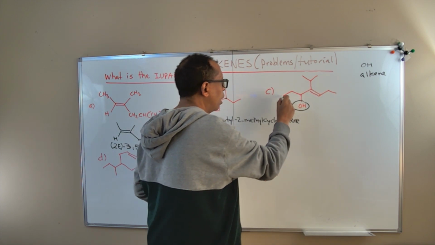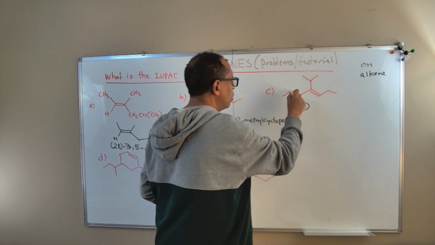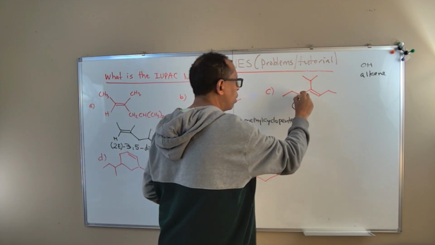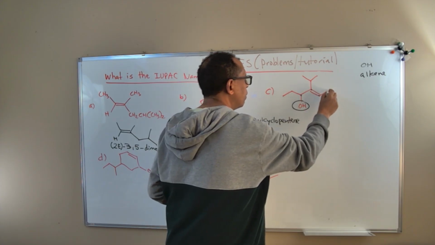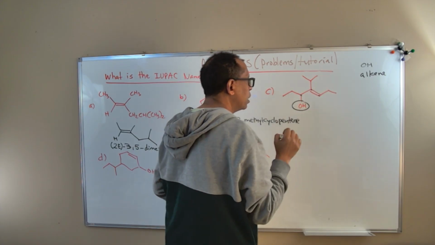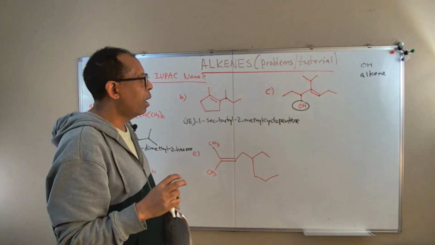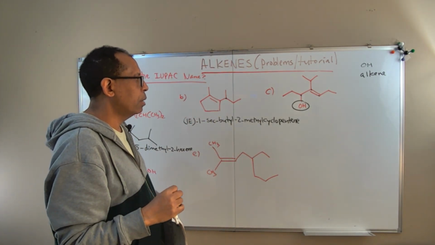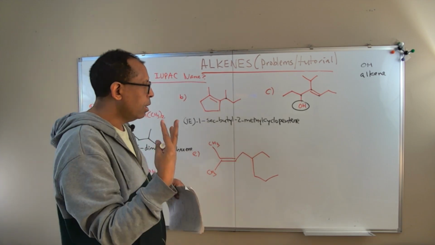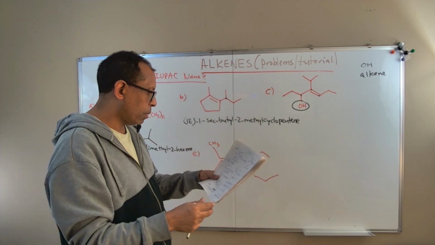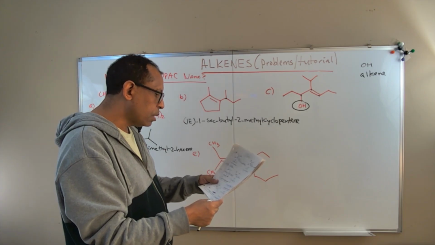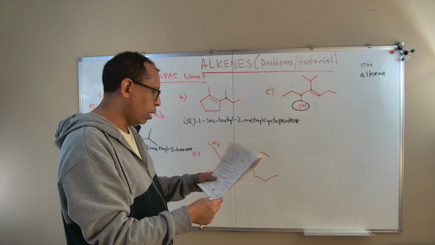If you count this chain, 1, 2, 3 position is the alcohol, 4, 5, 6, 7. So this is a heptenol compound. The alcohol is the ending, the functional group.